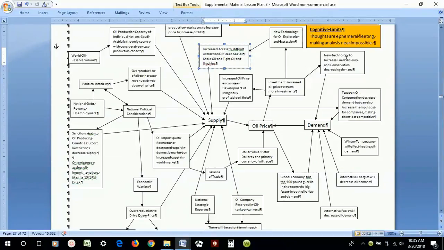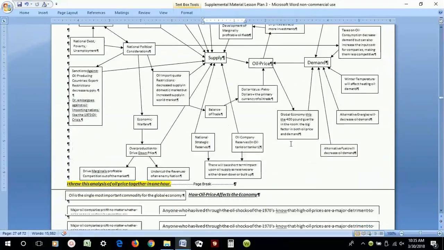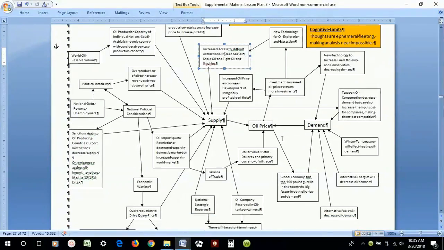New technologies to increase supply, I went into it already. All right, so all these are factors that affect oil price. This is just a diagram I wrote down in an hour. If I spent more time, I could figure out other factors. As it is, it's a complex array of factors, and you can't keep all these in your mind.